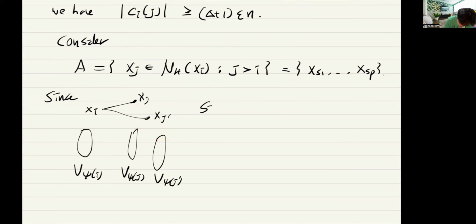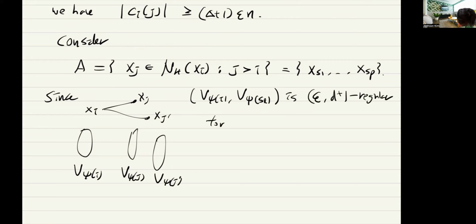Now you know that these are epsilon regular, and these are epsilon regular. So since it's V sub psi i and V sub psi SL, or at any SL, this is epsilon d plus regular for all L between 1 and P.